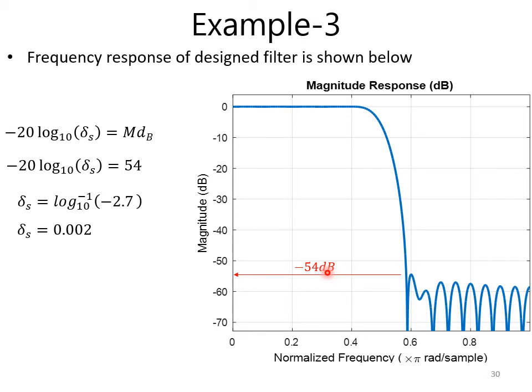So as far as the stop band attenuation is concerned, it fulfills the requirement, and the value of delta s is equal to 0.002. Delta p would also be equal to 0.002, and the cutoff frequency is 0.5.